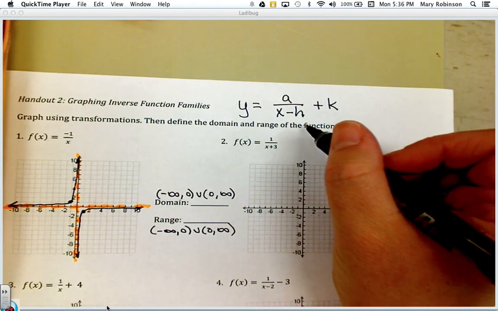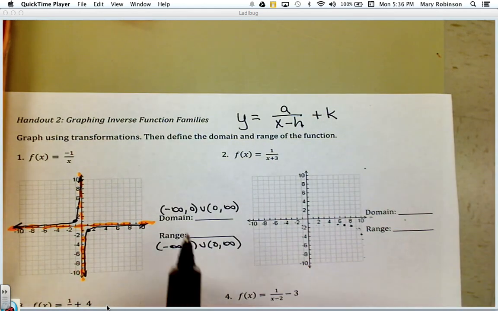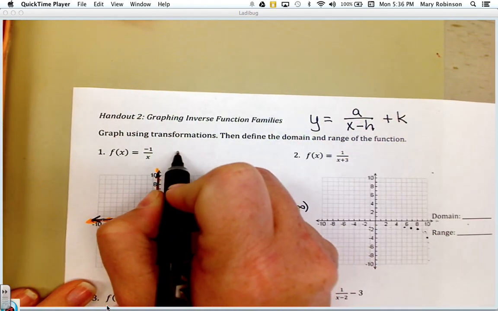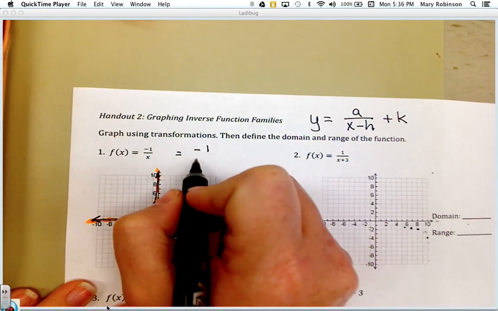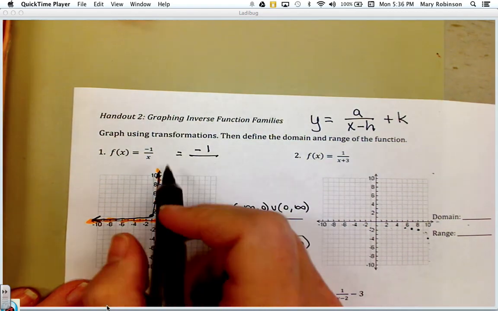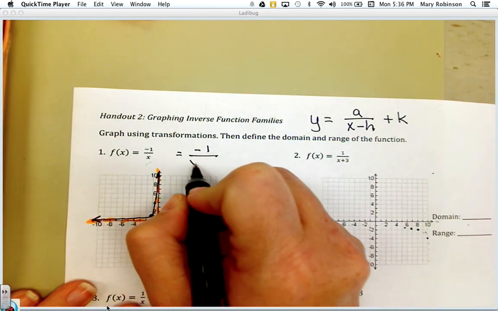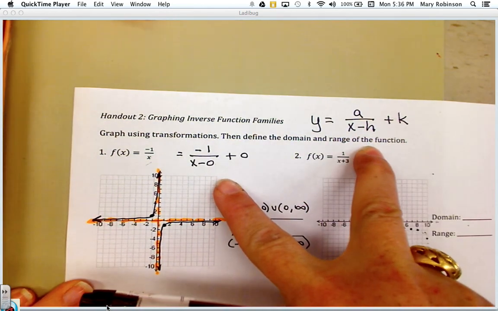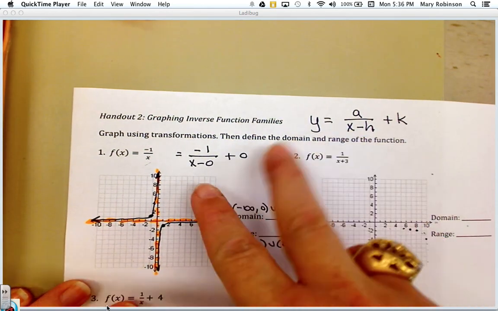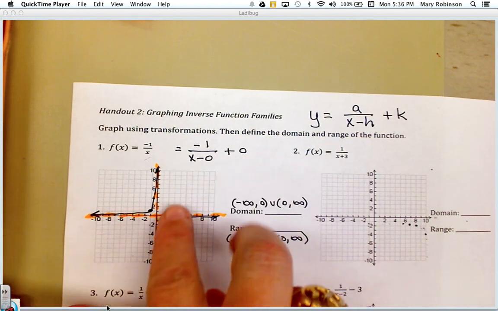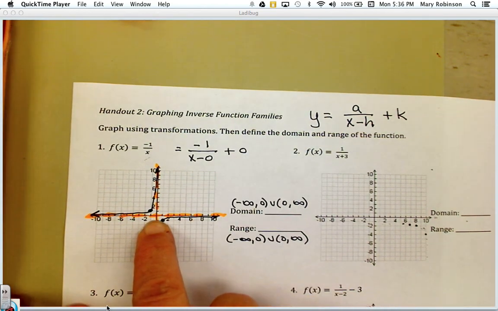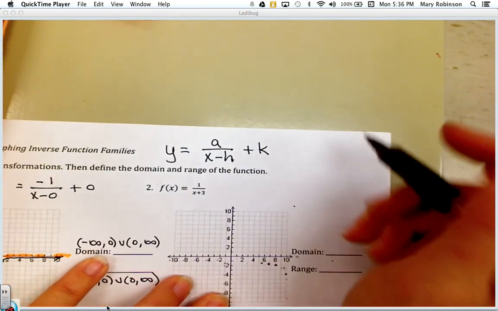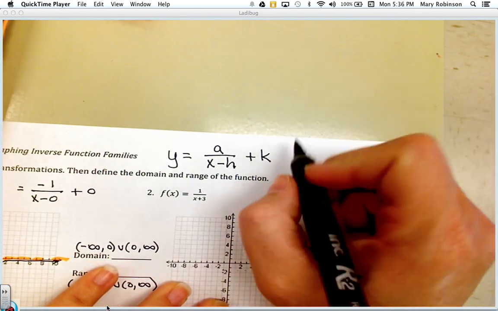So as you can pretty much guess, if we were to create a function for this in this form, we would probably have a -1 on top. We notice that there are no other values, so we should assume 0. But we could make it look like this form, recognizing that the 0, 0 is actually the intersection of the asymptotes. So let's make sure we define what that is, because h and k mean different things for different functions.